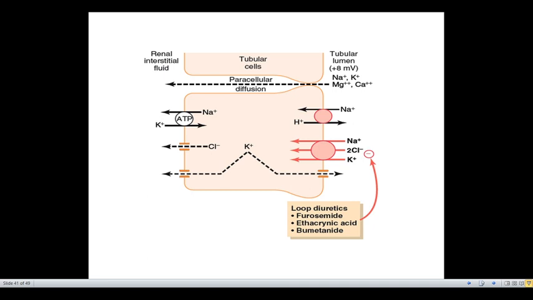Sodium is also transported into the tubular epithelial cell by sodium hydrogen counter transport.